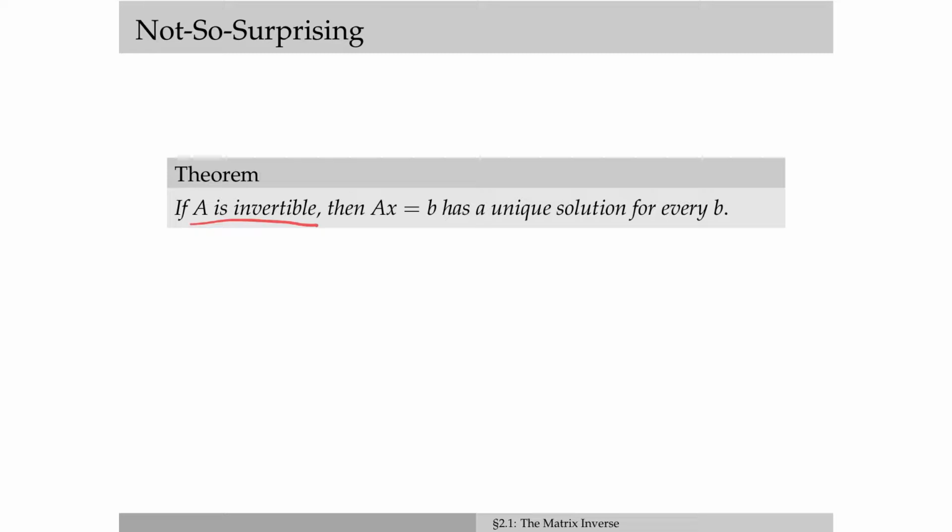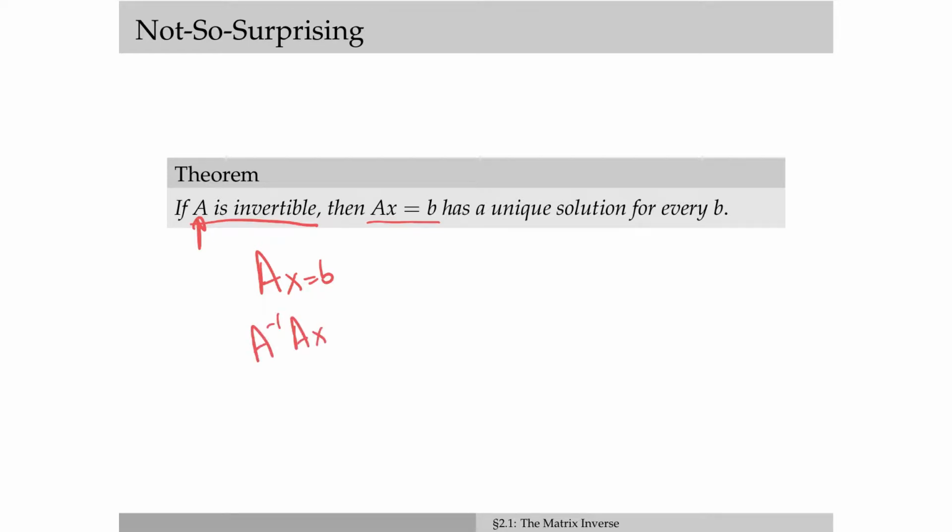All right, so not so surprising here. Say I give you an invertible matrix, and I ask you to solve this particular equation. This has a unique solution for every b. All right, well, think about it. We already know that this inverse is unique. So if I'm doing AX equals B, I hit it on each side, the left-hand side in particular, with A inverse.